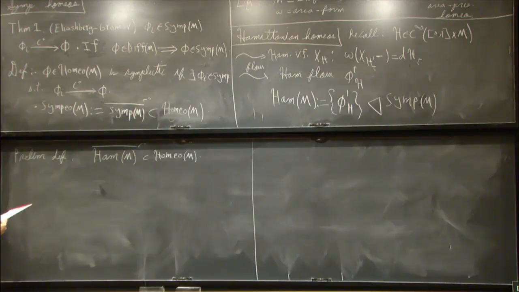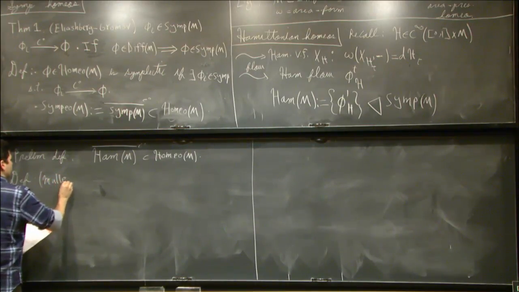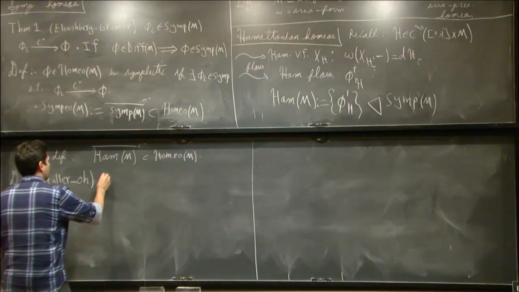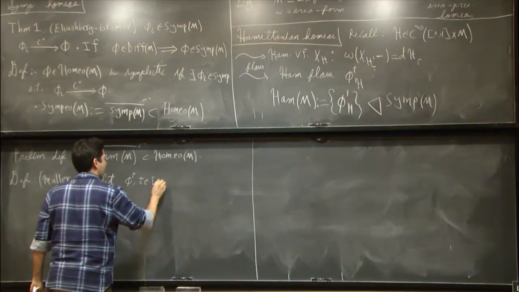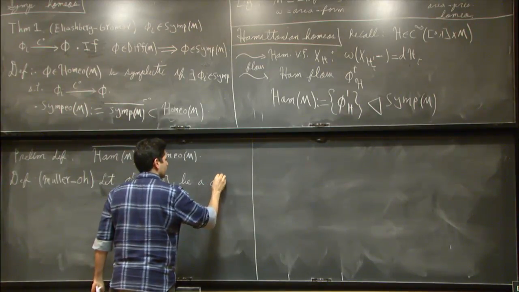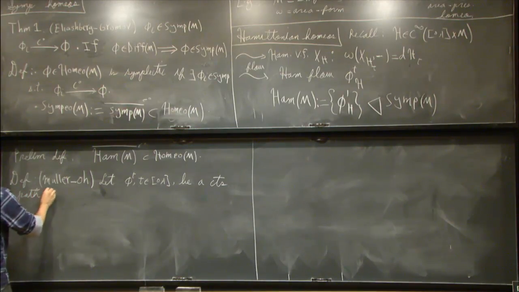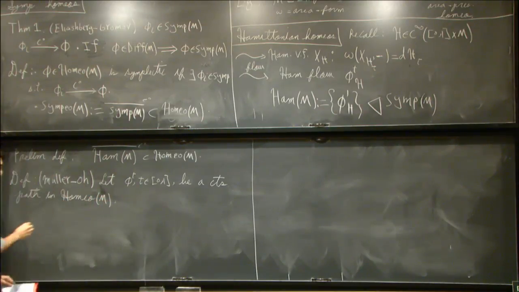So an alternate definition for Hamiltonian homeomorphisms, about which you could prove some things, and there are other motivations too, which I'll state, was suggested by Müller and Oh. And so here's a definition that I'll work with today. Let phi t be a continuous path in homeomorphisms of M, and I'll tell you what it means for this path to be a continuous Hamiltonian flow.